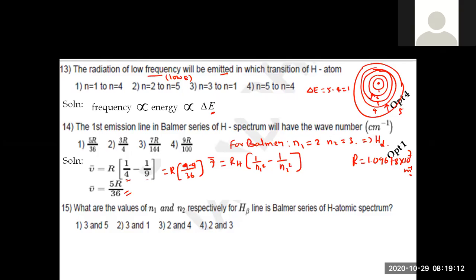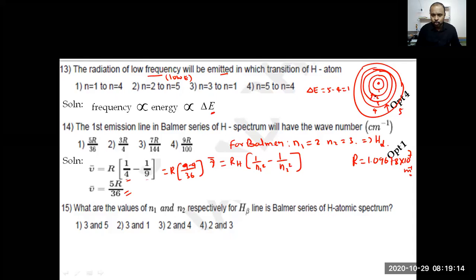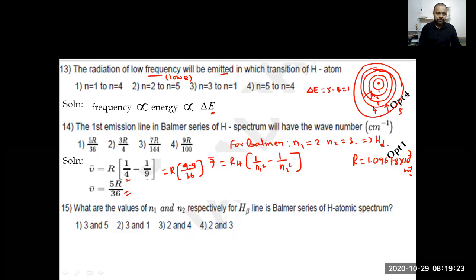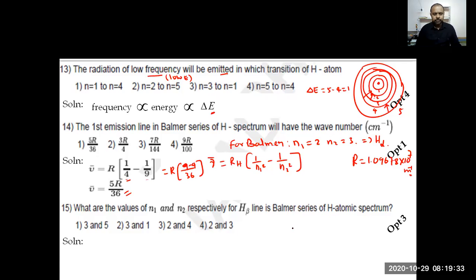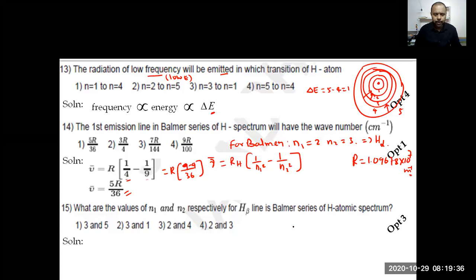You can see the electron transition from 3 to 2 is H alpha. The next line, the second line, is 4 to 2, which is H beta. So N1 should be 2, N2 should be 4. So option 3.